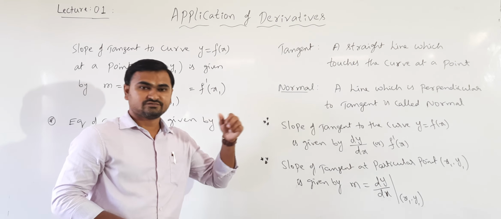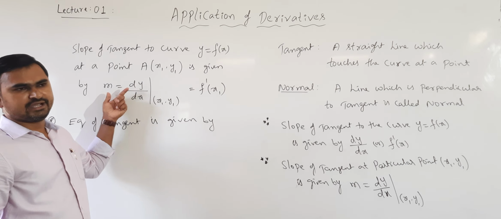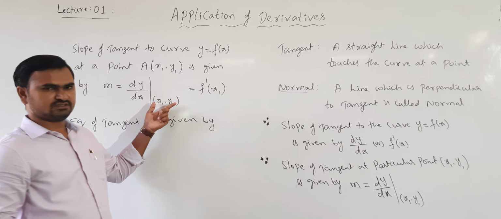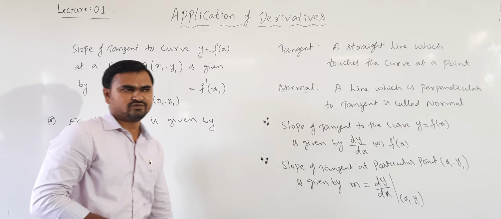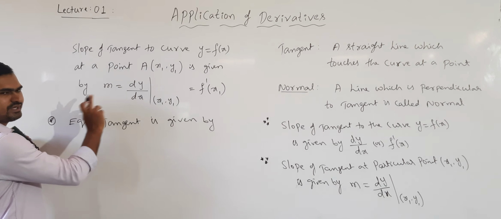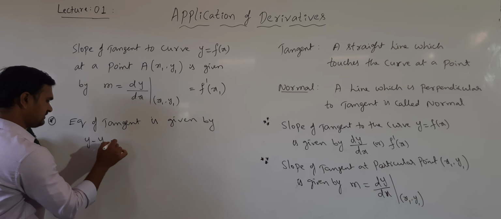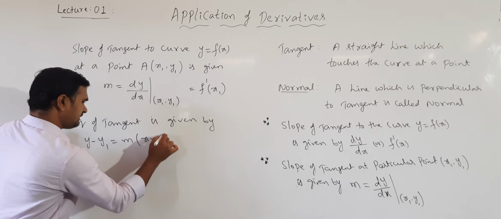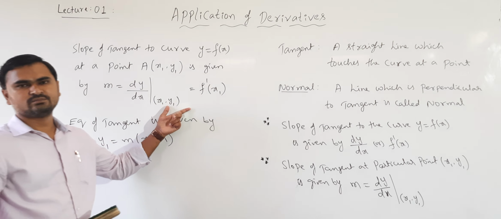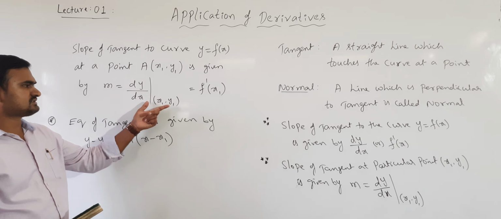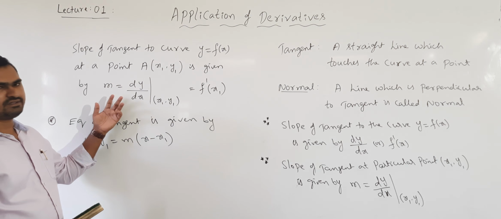For the straight line, its slope m is known, and the point through which it is passing, (x1, y1), is known. So we use the slope and point form of a line. The equation of tangent is y minus y1 is equal to m into x minus x1, where m is the derivative at that particular point. First we find the slope, then we can write the equation of tangent. So this is about the tangent.